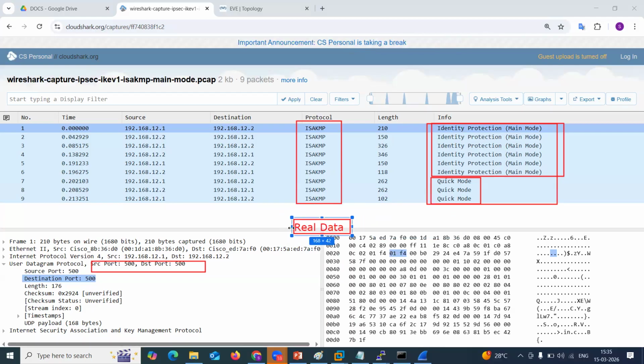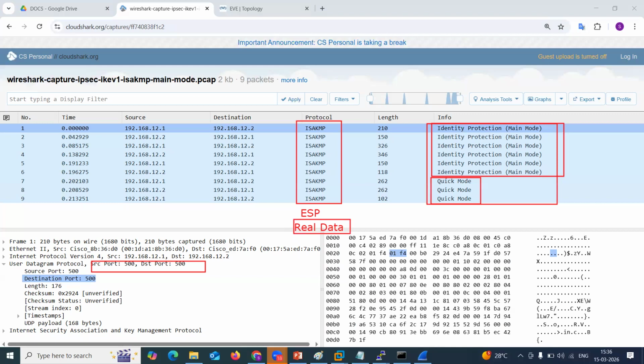This real data will be encapsulated and encrypted by the ESP protocol. Now ESP comes into the picture. So which protocol is used for real data protection? If the question comes, it's the ESP protocol, right?